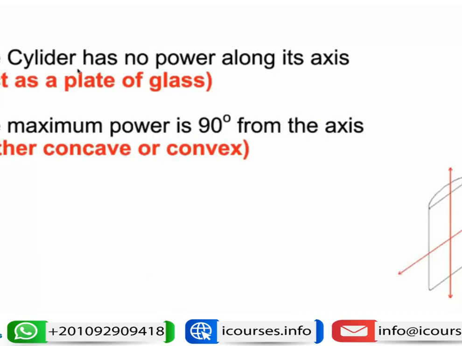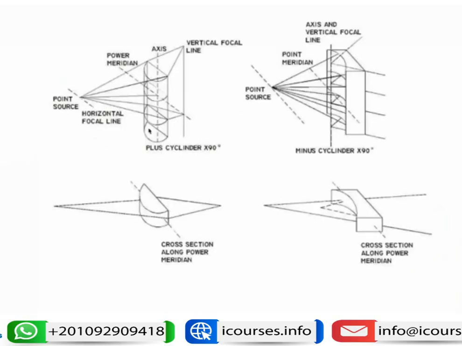Again, to repeat, the cylinder has no power along its axis as it acts as a parallel plate of glass, and the maximum power is 90 degrees from the axis, either if it is concave or convex. For example, here we have a convex cylinder. This is the axis of the convex cylinder, and this is the horizontal curved meridian of the convex cylinder.